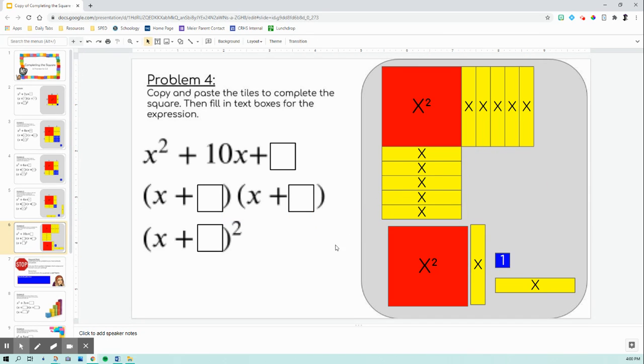So now we have our 10 yellow x's. And then we need to fill in the rest of our square with our blue ones blocks. And I'm going to use copy and paste to help me fill this in just a little faster.